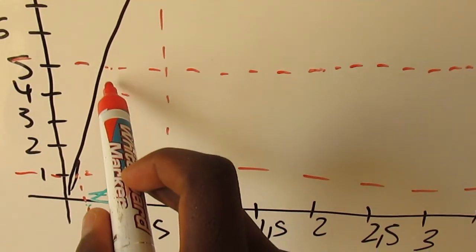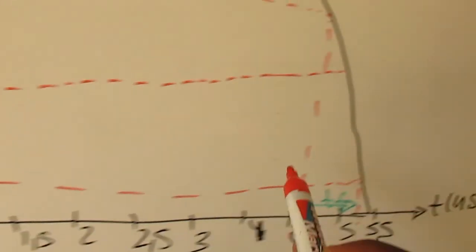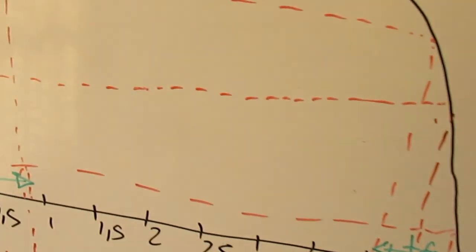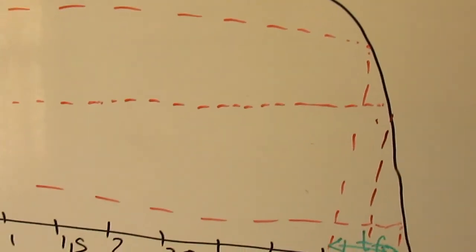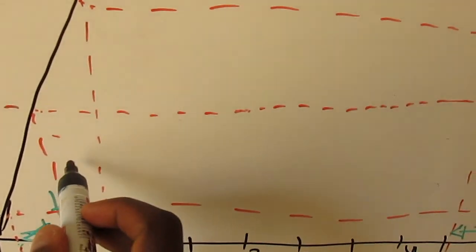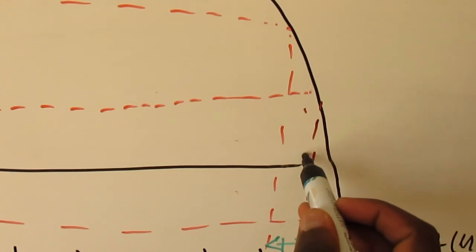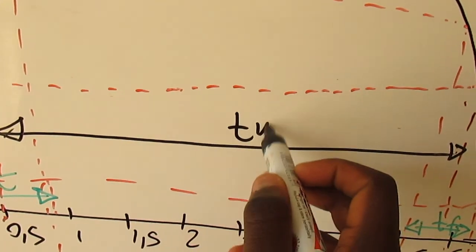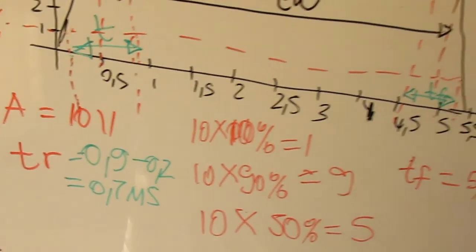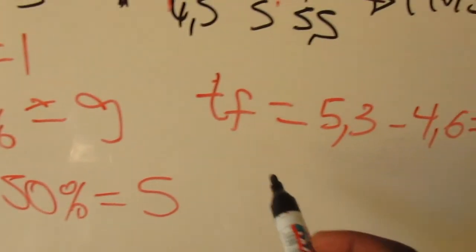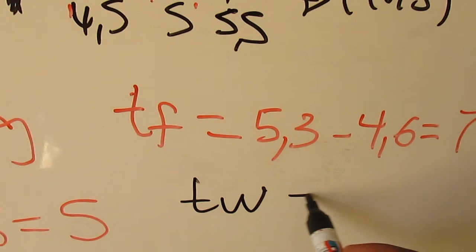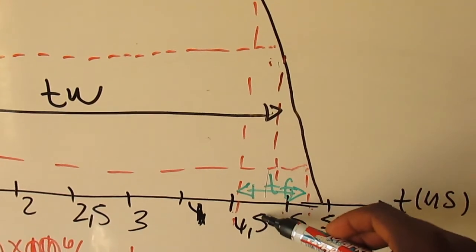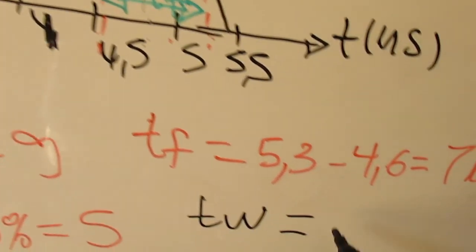So you drop your 50, and then you drop the 50 down there. And therefore our pulse width will be this vector, tW. Okay, so how do you calculate it? You come, you say my pulse width. If I check here the last part, you can see it takes 4.3.